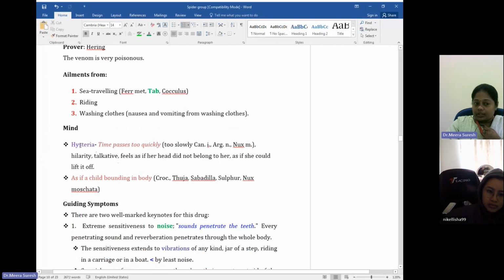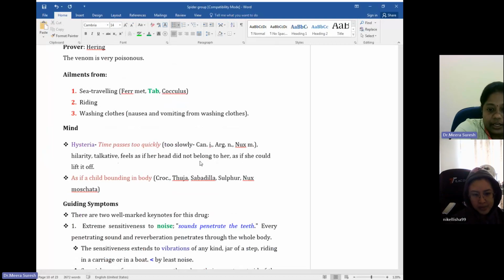In the mind, they have hysteria, and the hysteria is manifested as time passing too quickly. We have some comparative remedies when time is passing too slowly: Cannabis indica, Argentum nitricum, or Nux moschata.